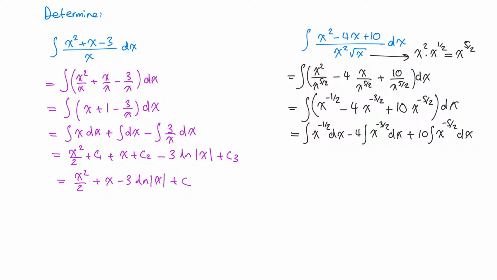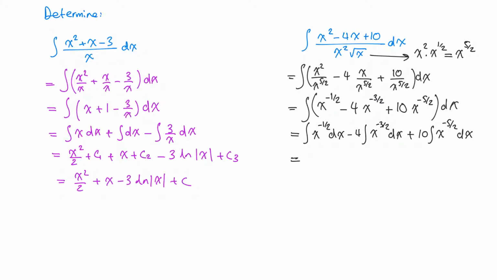And once I have this, what I have done is I have brought the constants out of the integral so that my integration becomes a little bit easier. So now I add 1 to my exponent and I divide by that value.